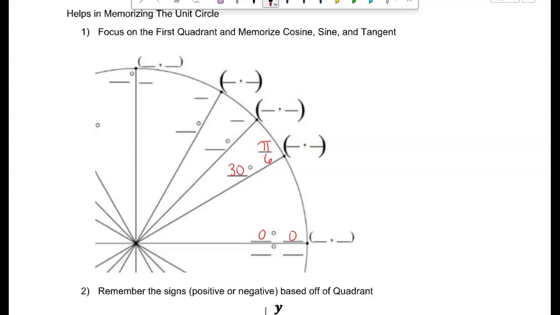What's our next one going up? 45, correct? What's that in radians? Okay, next angle. 60. And what is my radians for that? Pi over 3. And then we go 90, and it's pi over 2.